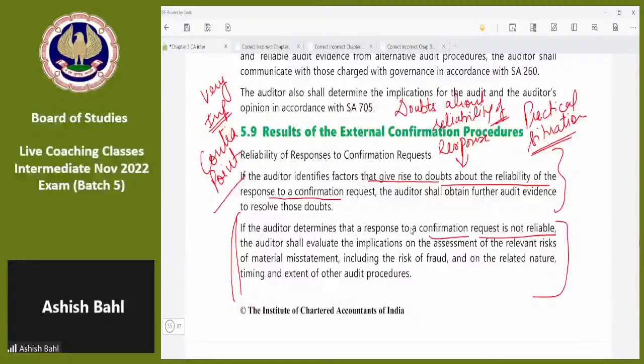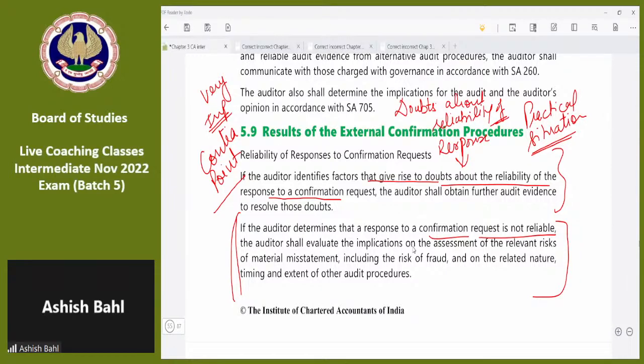Normally, external confirmation responses should be reliable, but there might be certain situations where the auditor has been duped, fooled, and the auditor doesn't know that he has been fooled.